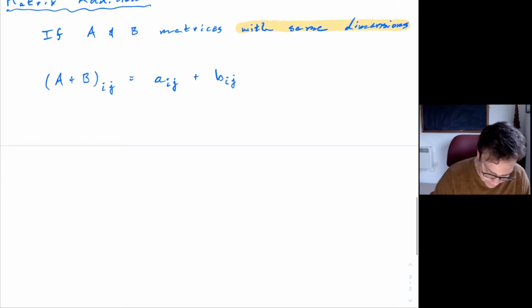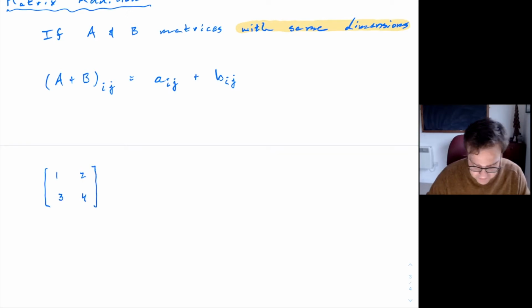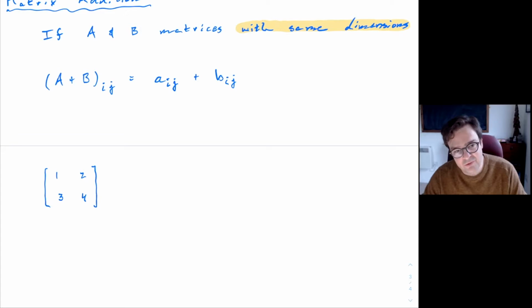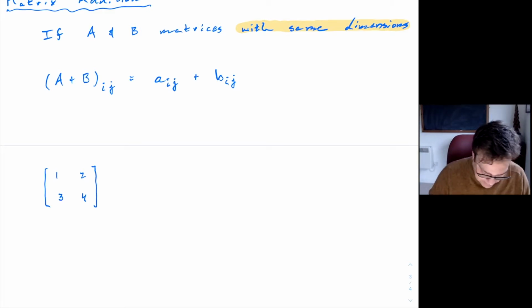And we can do a simple example. Okay, so let's just do 1, 2, 3, 4. Oh, and incidentally, there's no meaning to me switching between square brackets and rounded brackets here. I just go back and forth. Let's say we tried to add that to 0, 1, 1, minus 2.